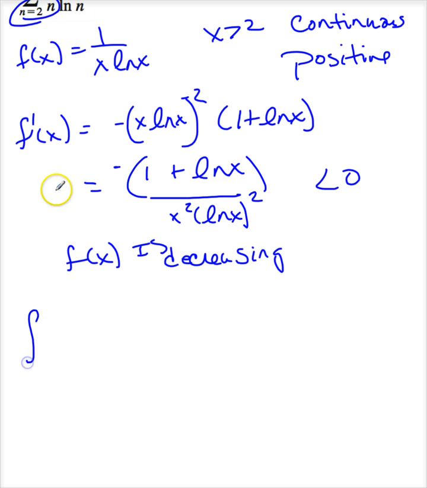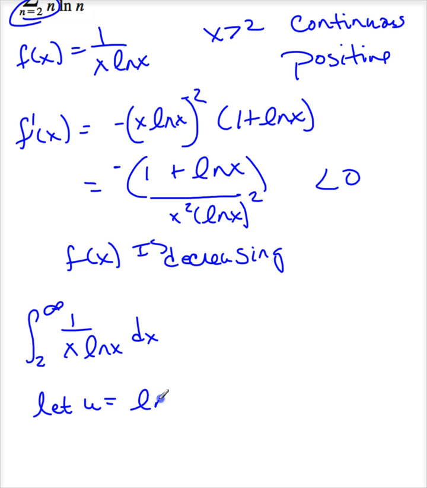So let me integrate. Now you notice my sum starts at 2, so I'm going to start at 2. From 2 to infinity of 1 over x natural log of x, dx. Now, let u equal natural log of x. Du is 1 over x dx.